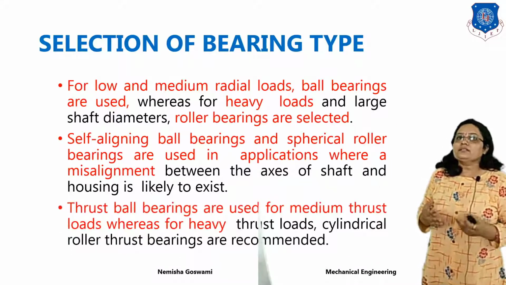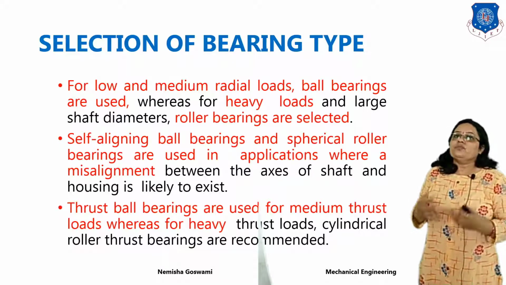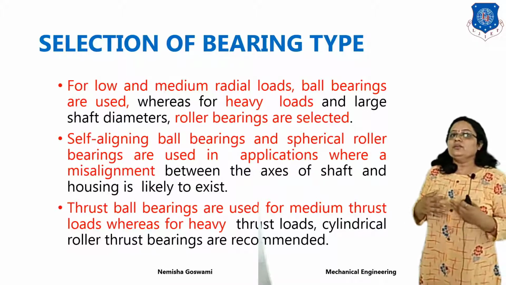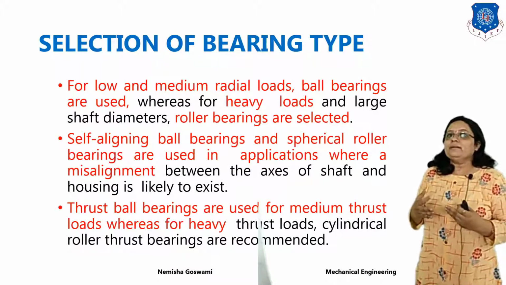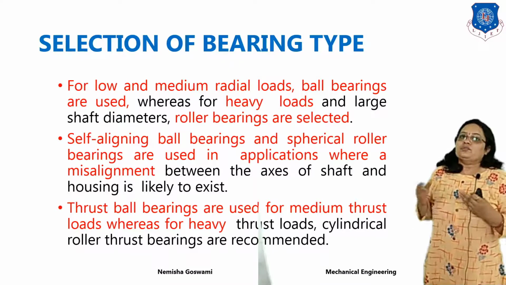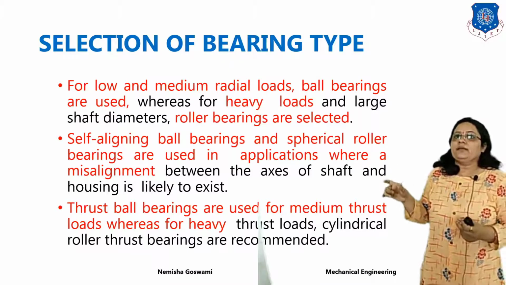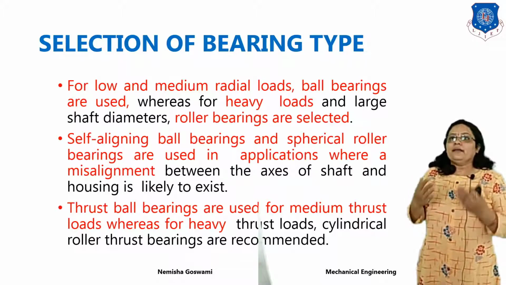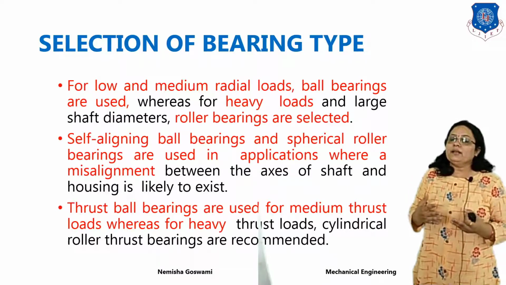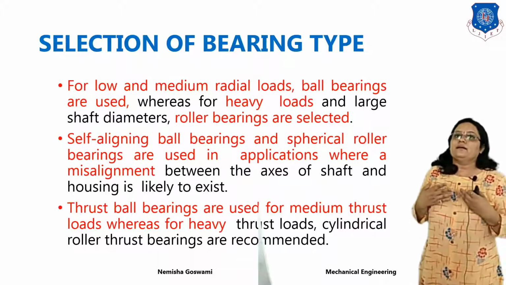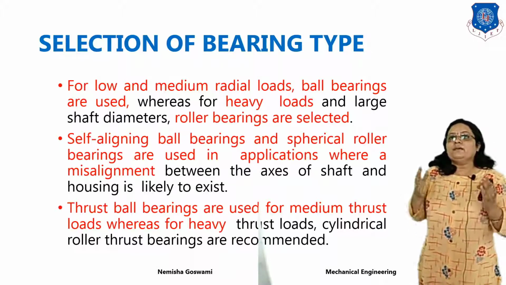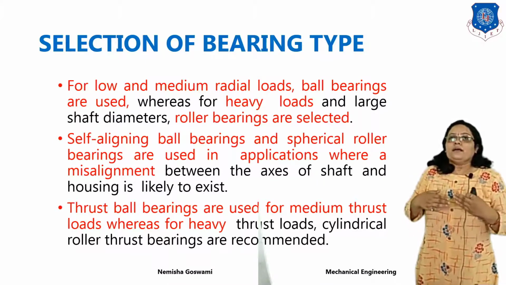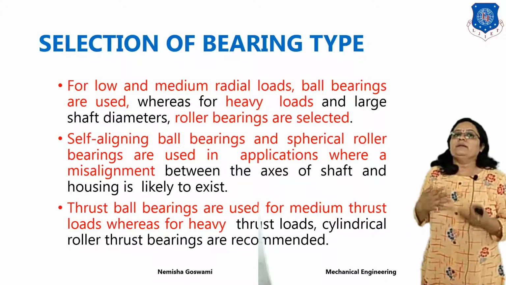Next is the thrust ball bearing. Where do we use thrust ball bearings? Thrust ball bearings are generally used for medium thrust load. We have discussed thrust ball bearings and radial ball bearings, and similarly thrust roller bearings and radial roller bearings. These are defined on the basis of the direction in which load is applied.